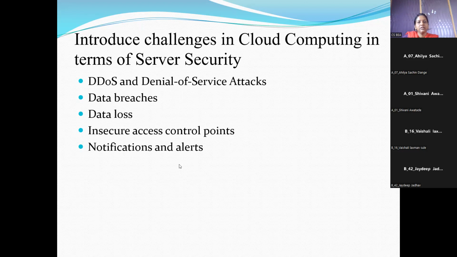And the last but not the least is notifications and alerts. Whenever you are going from one particular location to another, respective notifications or alert messages should be given to your users. Awareness and proper communication of security threats is, we can say, a cornerstone of network security, and the same goes for cloud computing security too.